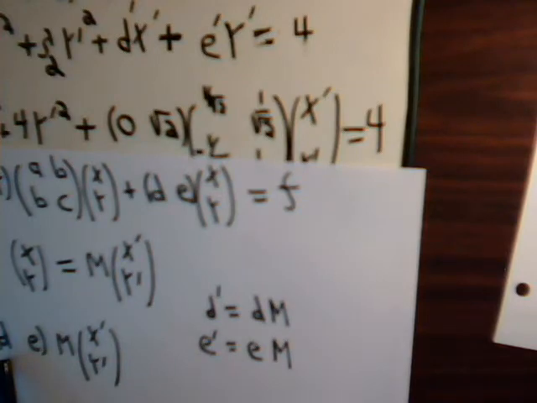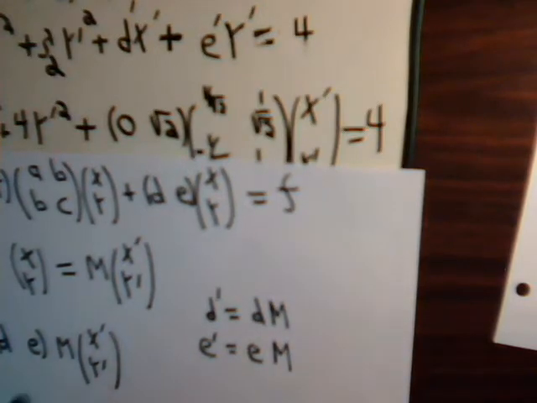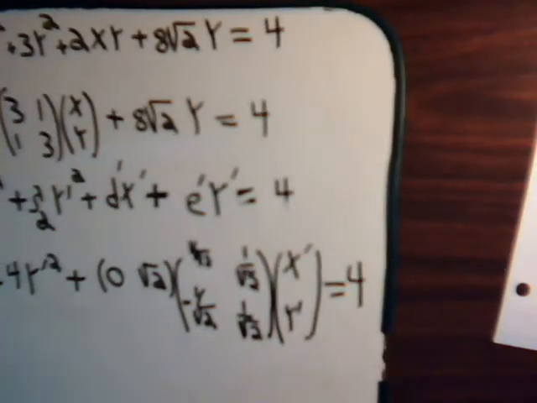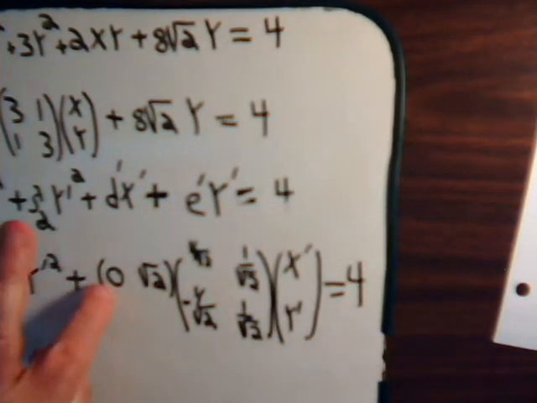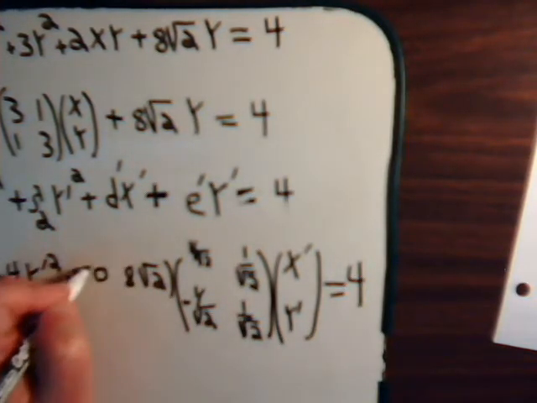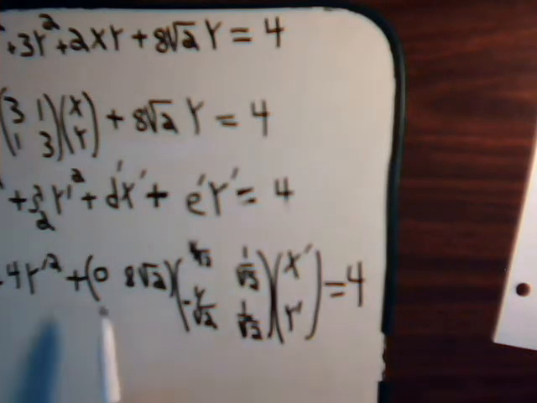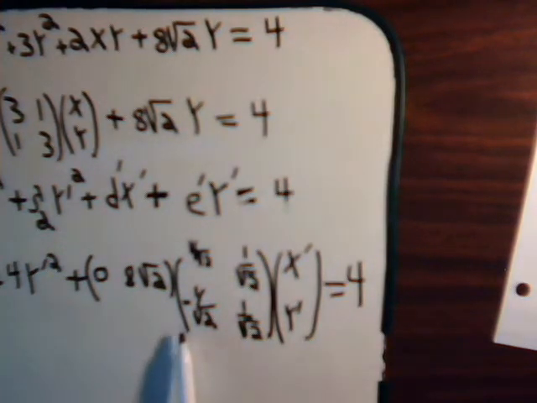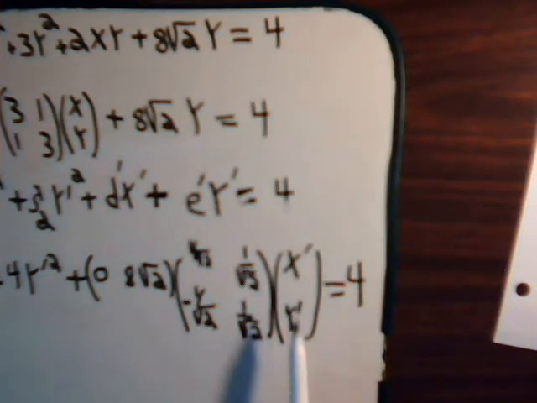This is 0 for our problem. This is 8 times the square root of 2. So D is 0, so we have 0. E is 8 times the square root of 2 times our Model matrix times x prime y prime equals 4.